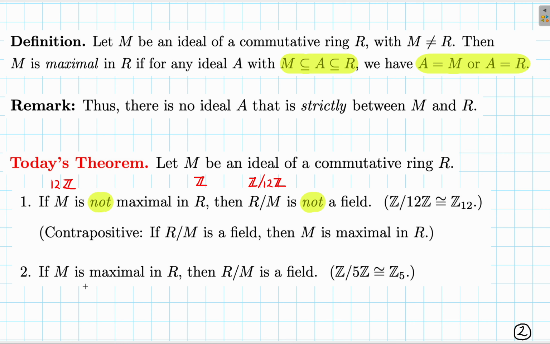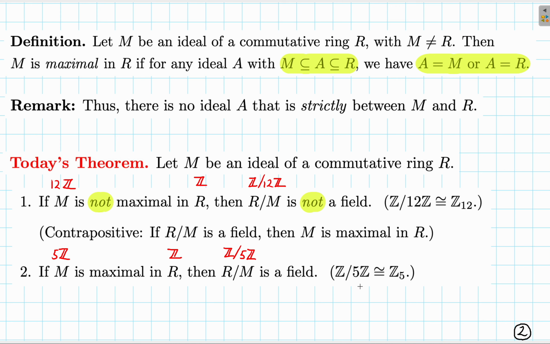And the second part of this theorem says, if M is maximal in R, then R mod M is a field. So an example would be, well, we've seen that 5Z is maximal in Z, and therefore Z mod 5Z must be a field. And how do we know?